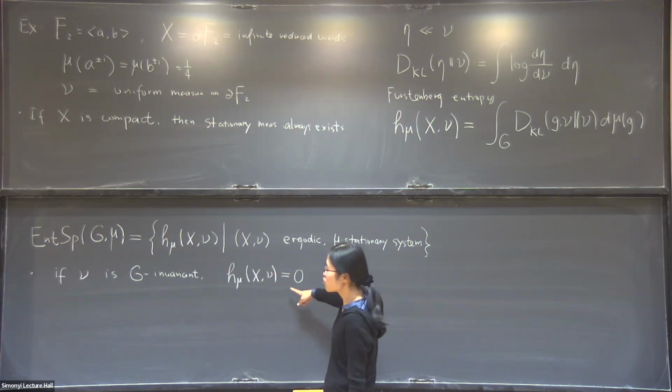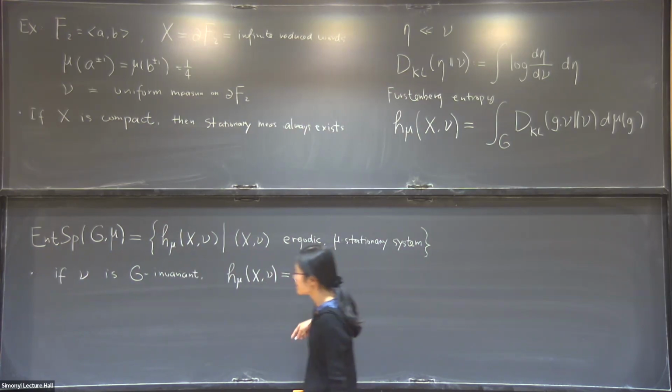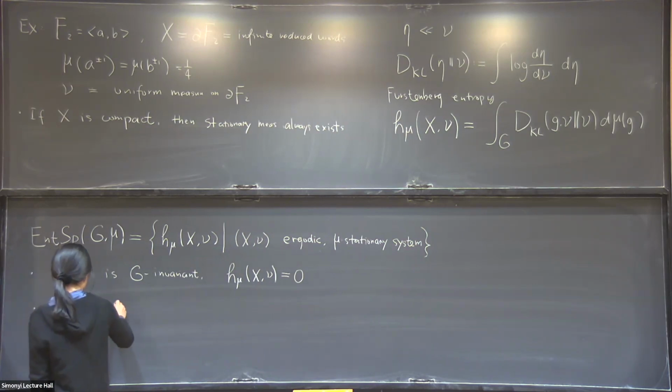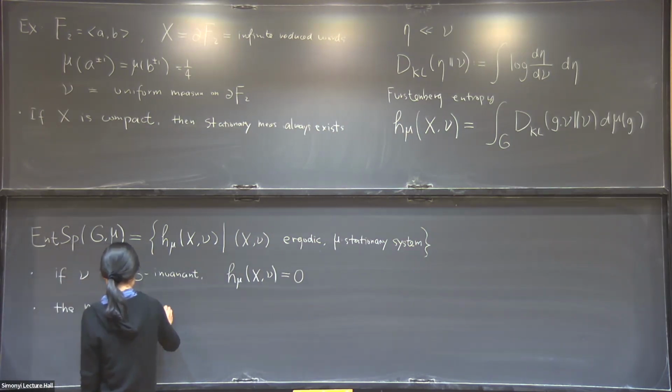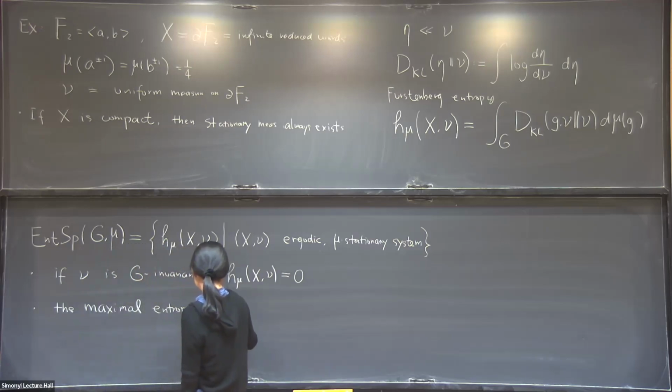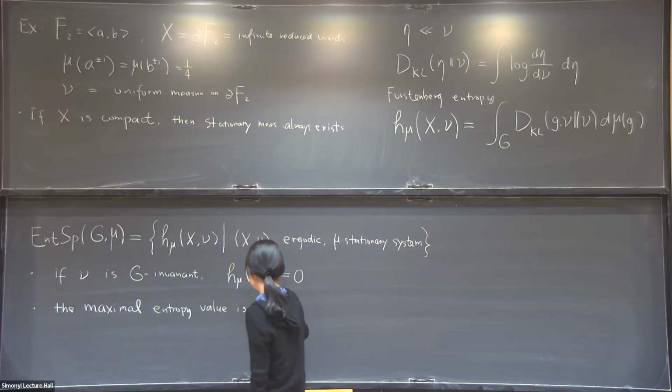So you always have trivial actions, so 0 is in the spectrum. And if you take the Poisson boundary, the maximal Furstenberg entropy value is attained by the Poisson boundary.